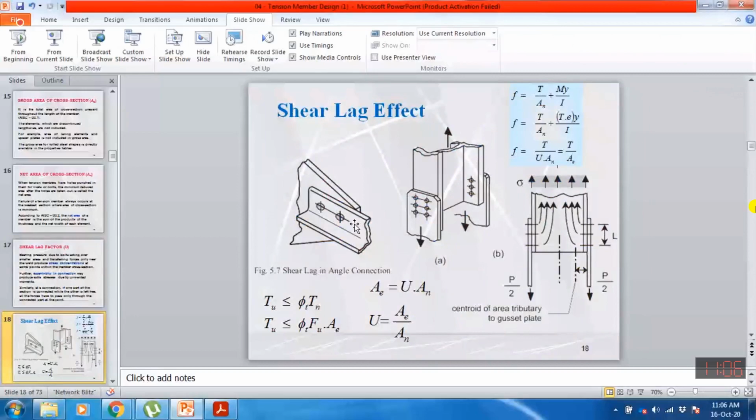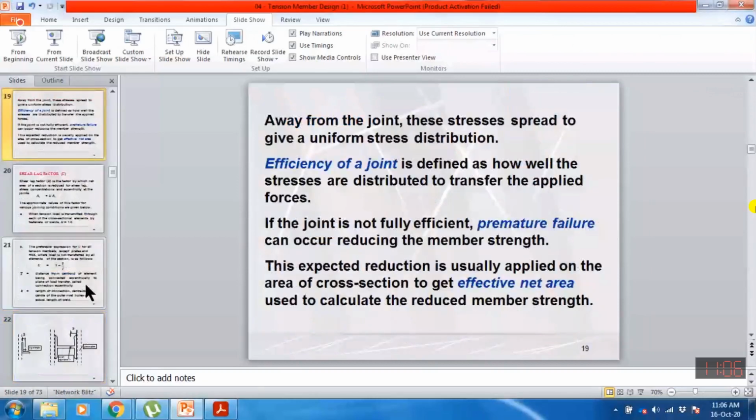So in this case, how can we prevent these cases? We can compute the shear lag factor due to the efficiency of the joint. Efficiency of the joint means that we must provide sufficient bolts along the length so that the force is completely transferred from one part to the other part.